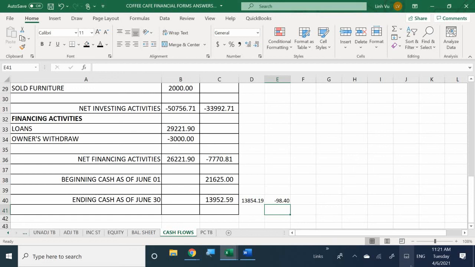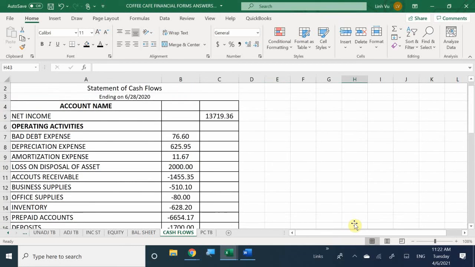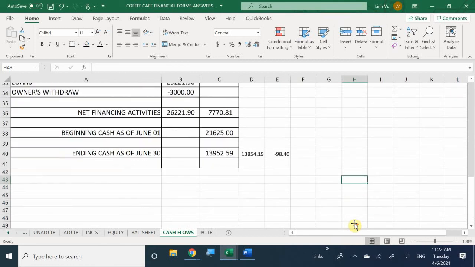We started the company out with $21,625. And when you add these two values together, it should give you your ending balance in your cash as of June 30th. But in this case, I did not match. I'm off by $98.40.